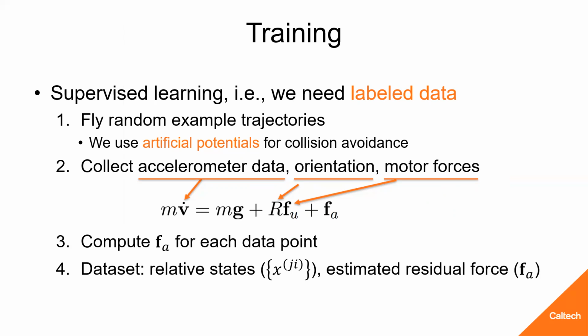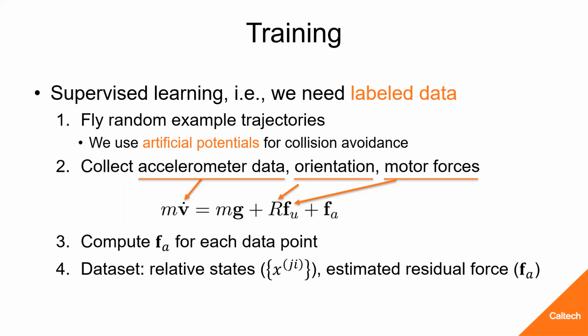Then all you need to collect is your data from your onboard accelerometer, the orientation, which can come from your onboard state estimate or from a mocap, and the motor forces, which you can get by tracking your PWM signal and having a good accurate model of how that relates to the force. Once you have that, you can use your rigid body dynamics to directly compute FA, your residual dynamics.